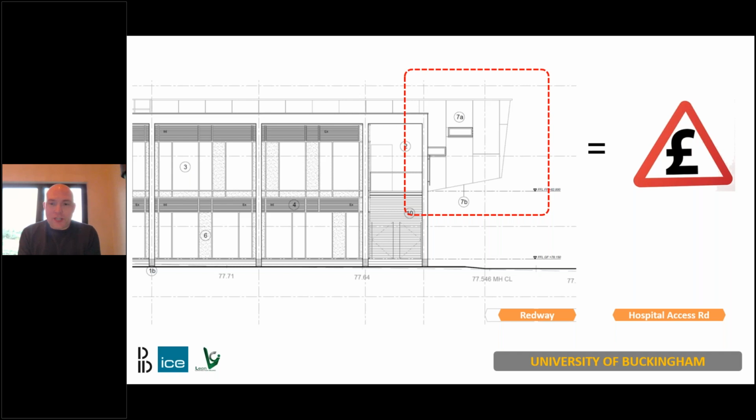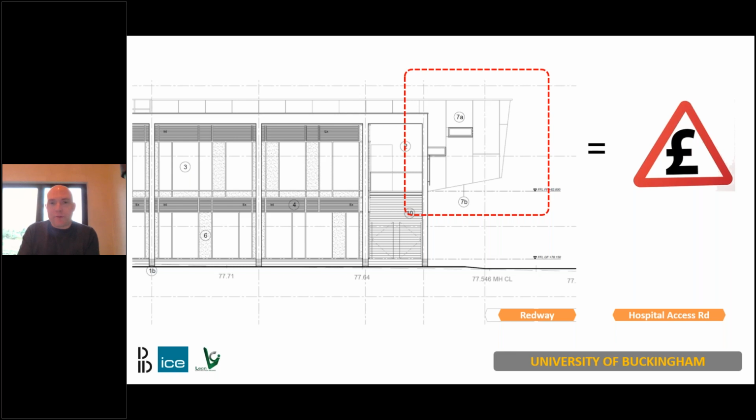For those that know Milton Keynes, it's absolutely jam-packed full of roundabouts, and there are a lot of roads around there, but there's also a really fantastic system called the redway: a whole network of cycle paths that means you can get from one side of Milton Keynes to the other without having to go onto a road. One of those redways was running right across the front of our building.